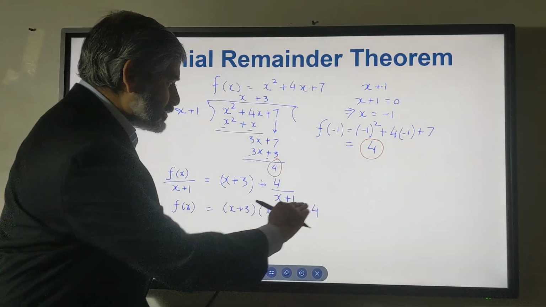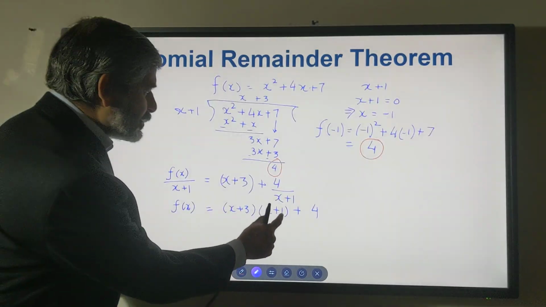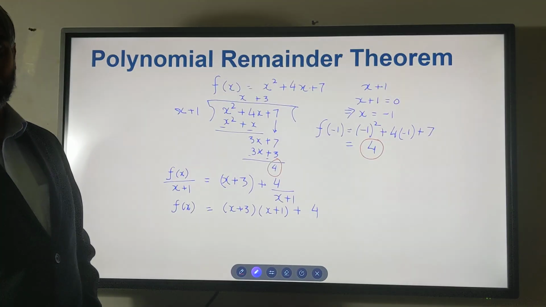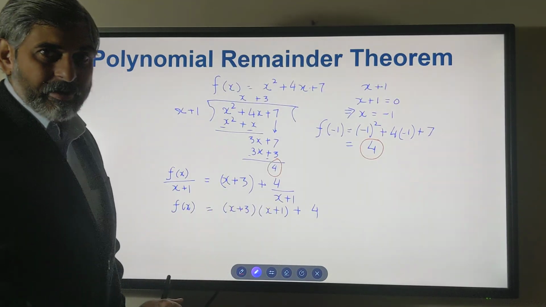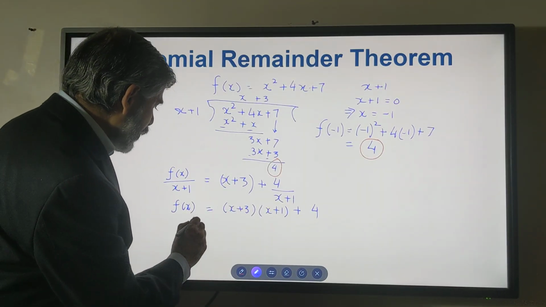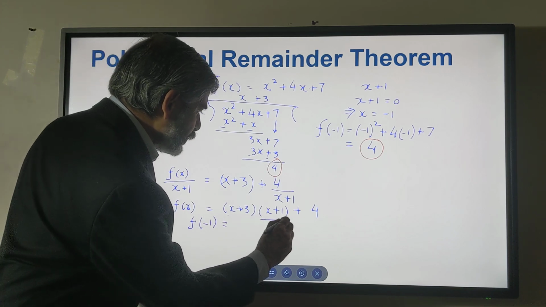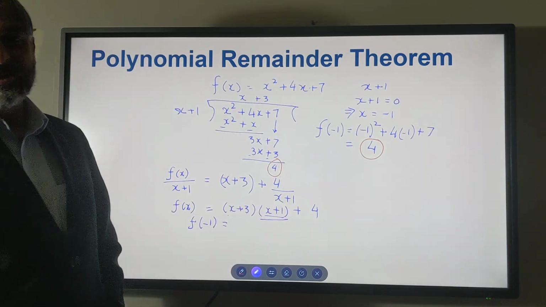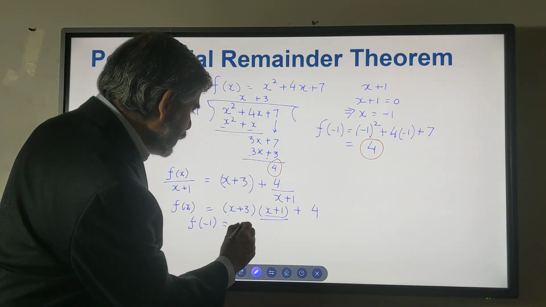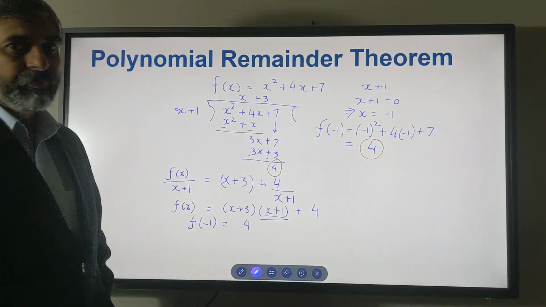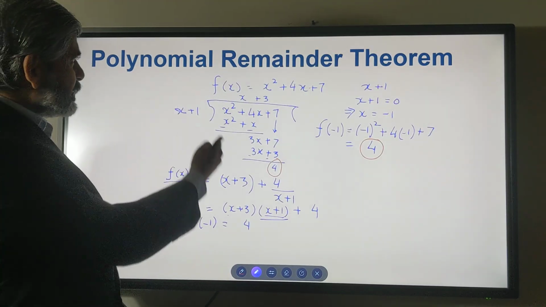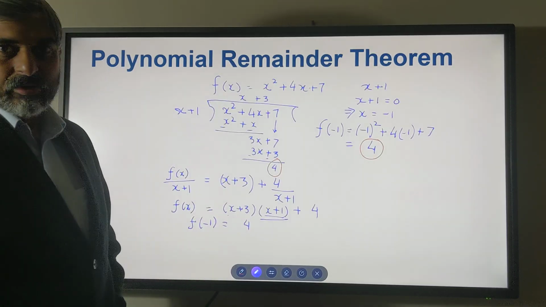Now in this equation, if I write x plus 1 equal to 0, or x equal to minus 1, we get f(minus 1) equal to, this term becomes 0, so this whole term becomes 0. So we have a remainder of 4. So that is the reason why these things work out.